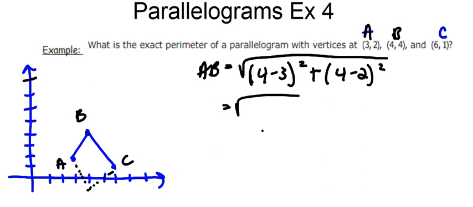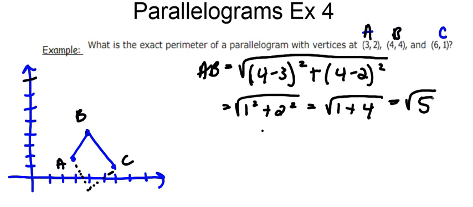And if I simplify that, 4 minus 3 is 1, so this is 1 squared plus 4 minus 2 is 2, so 2 squared. And then if I square those out, I have 1 plus 4, so this is the square root of 5.